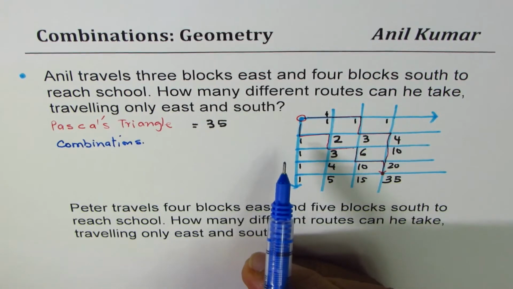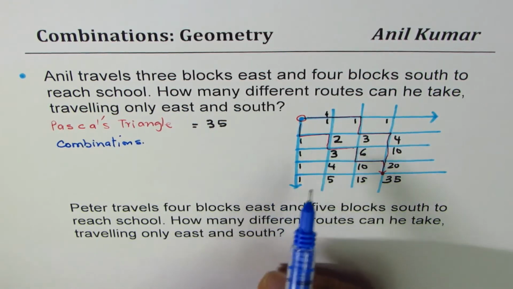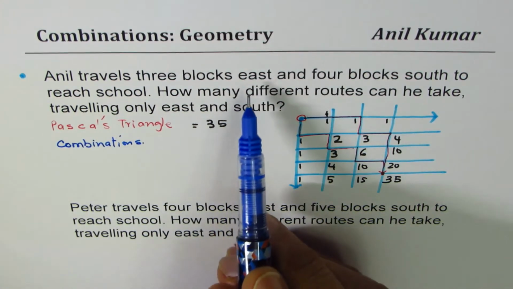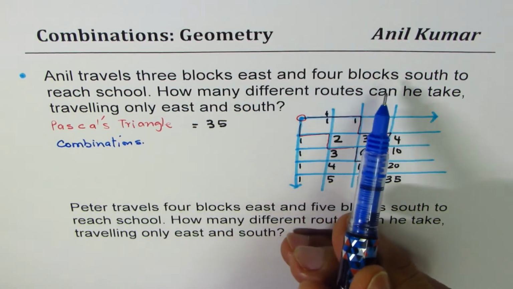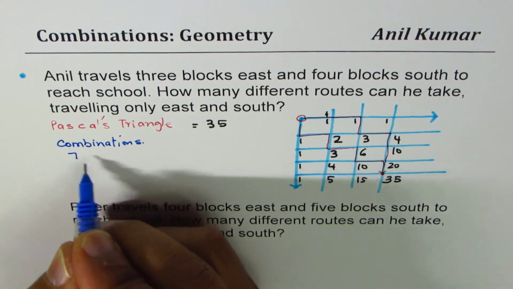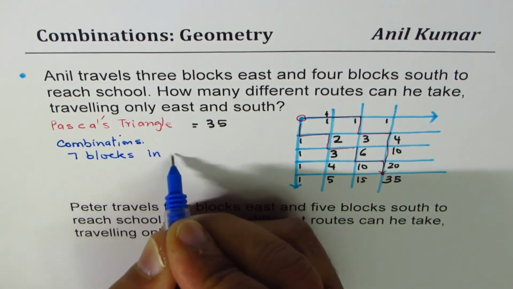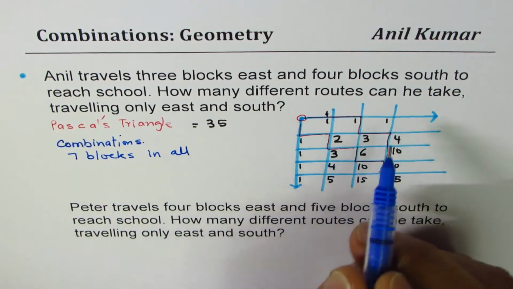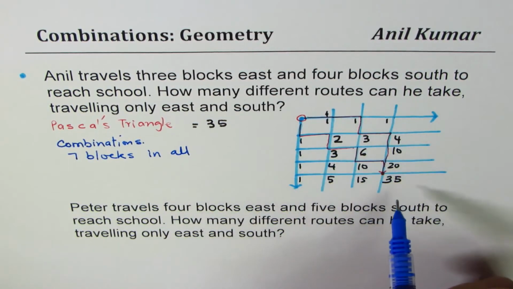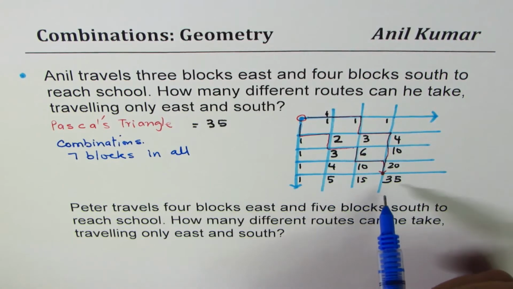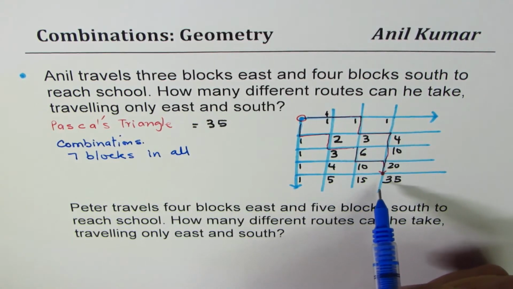So we could restate this question as Anil can travel in all how many blocks? 3 blocks east and 4 blocks south. So that means 7 blocks in all. Is it okay? So Anil needs to travel 7 blocks either way you go, 7 blocks to reach the school.